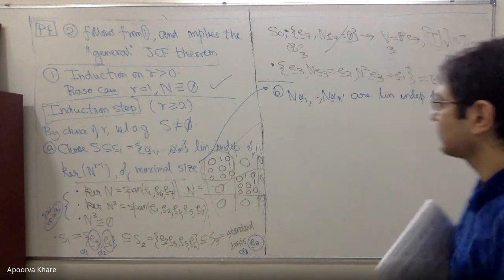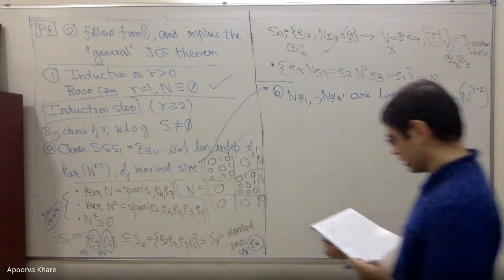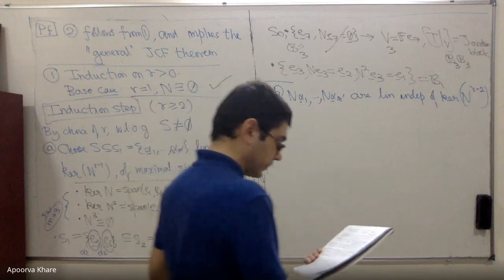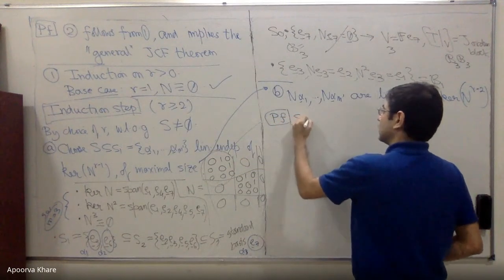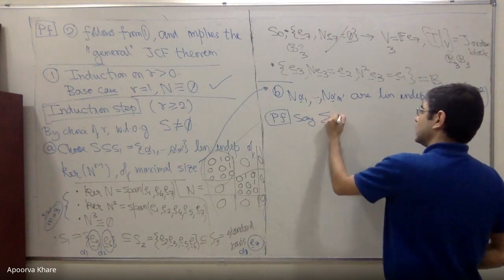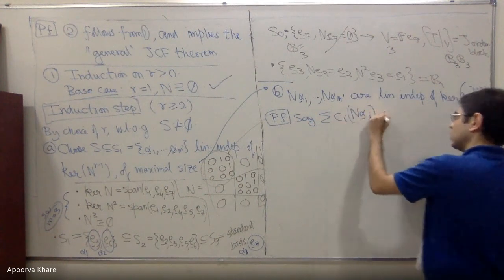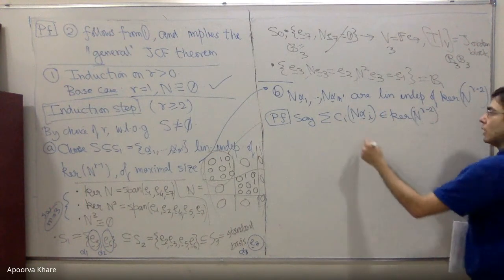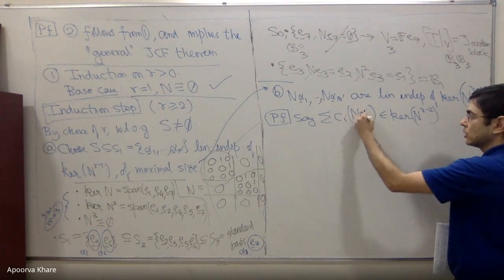Okay, we are just about past time, but I'll need a little more time, 10 minutes or so, maybe 15, hopefully not 15, we'll see. And then the proof is easy. Suppose the summation Ci n alpha i belongs to the kernel of n to the r minus 2. Then applying n to the r minus 2 to this becomes 0.